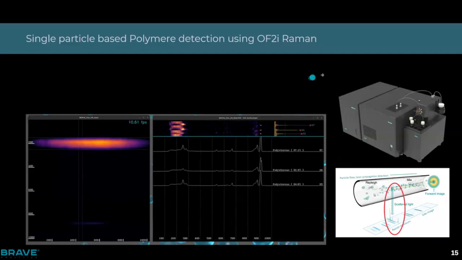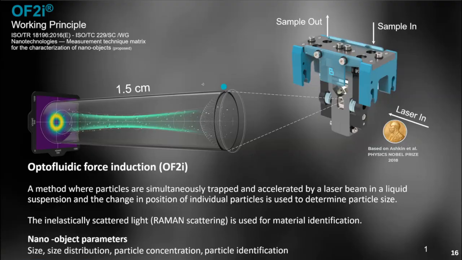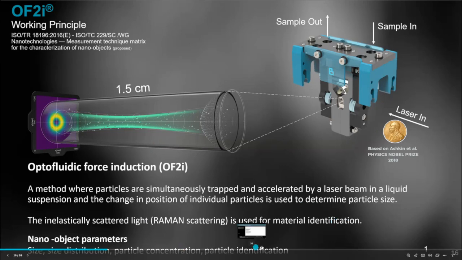And this is what we did first: we used this whole new approach with sample in, sample through, and sample out, as optical flow-through trapping, and used inelastic Raman scattering to get the material identification. So size distribution, particle concentration, and particle identification are available.